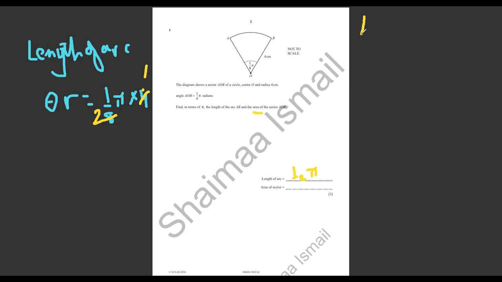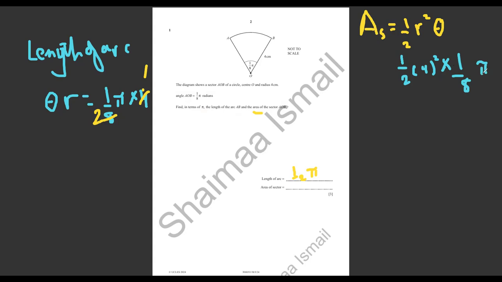For the area of the sector, it will be equal to half r squared theta. So here it will be half multiplied by 4 to the power of 2 multiplied by 1 over 8 pi.